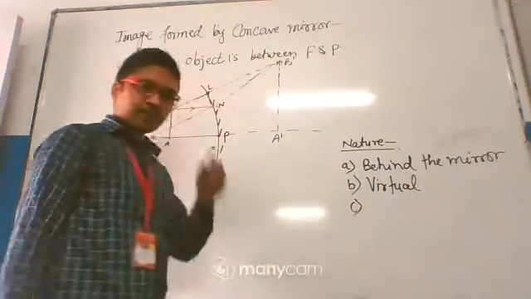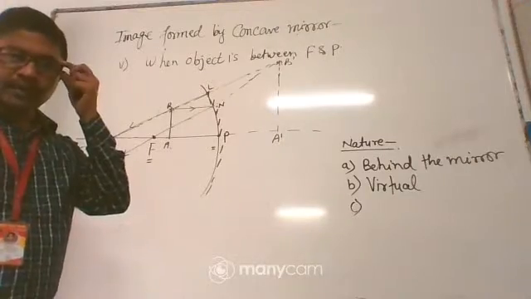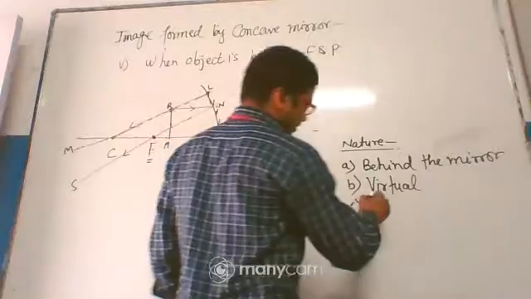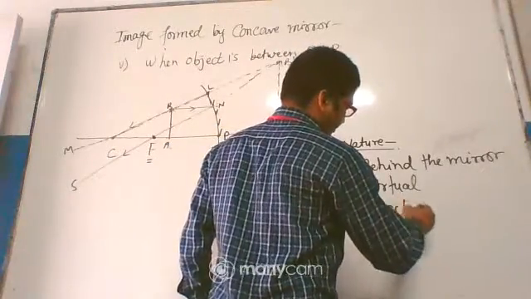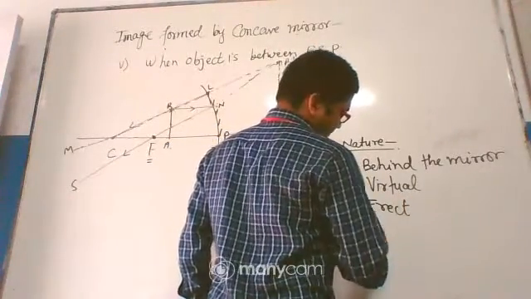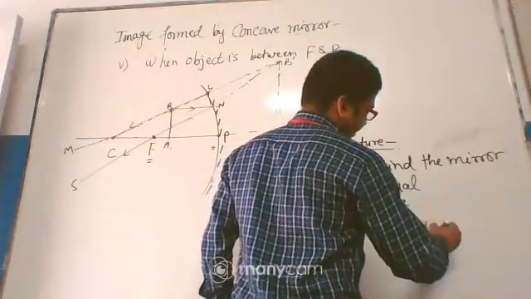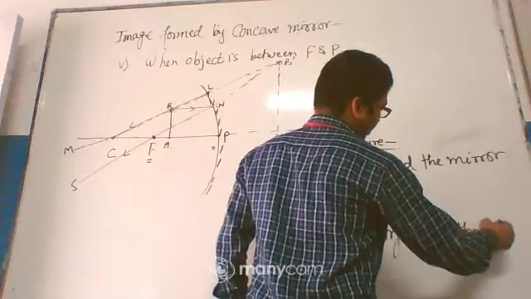Third point, it is larger and it is erect. So you can write it is erect and it is larger than the object.